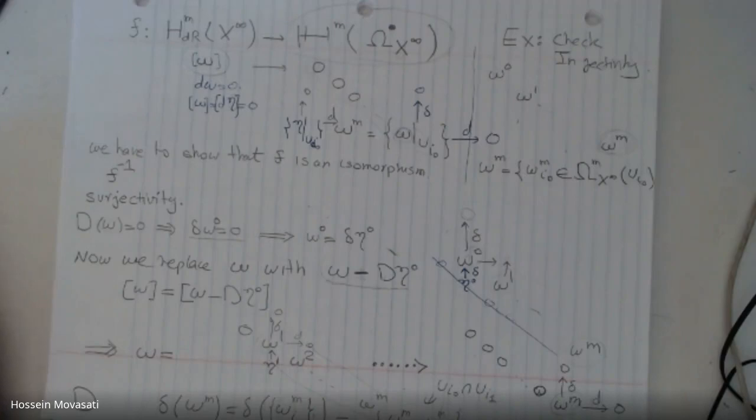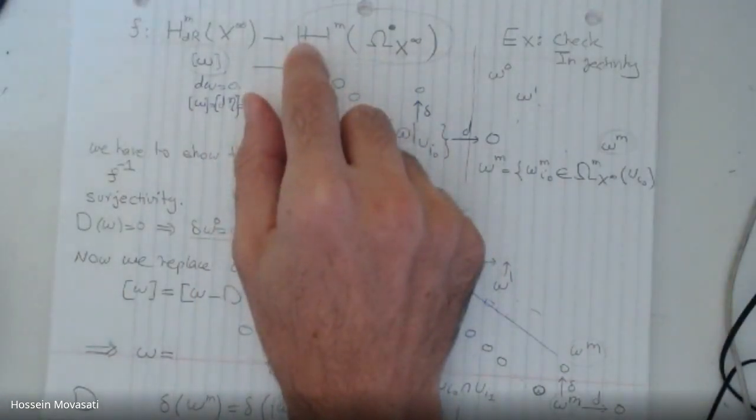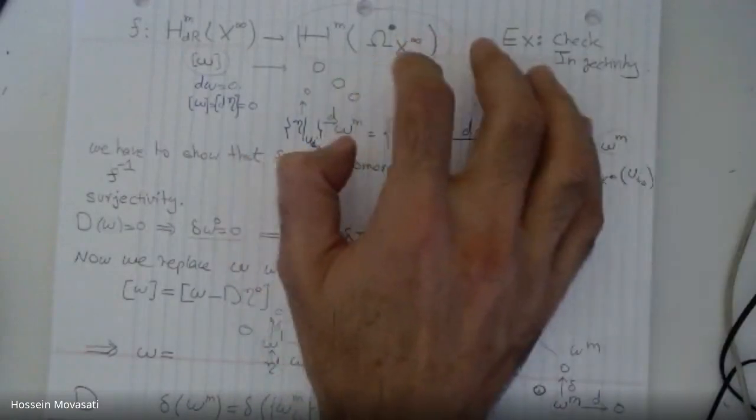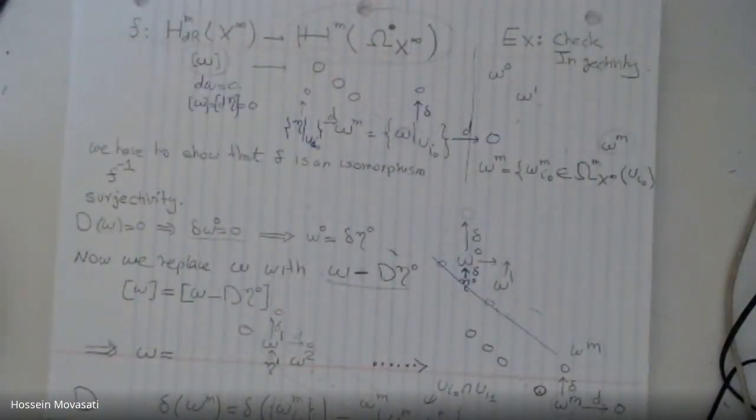Okay, so anyway, the moral of the story is that the hypercohomology, which is a kind of strange thing containing differential 0 forms, 1 forms, m forms, in the case of a C infinity manifold just reduces to classical de Rham cohomology.